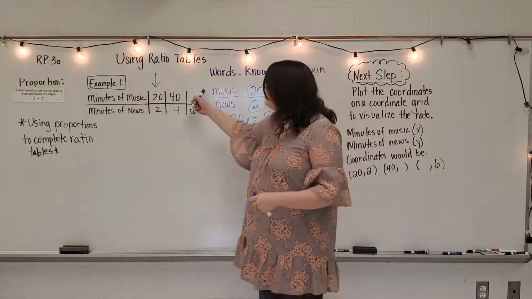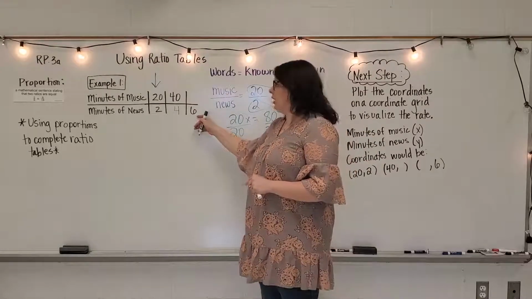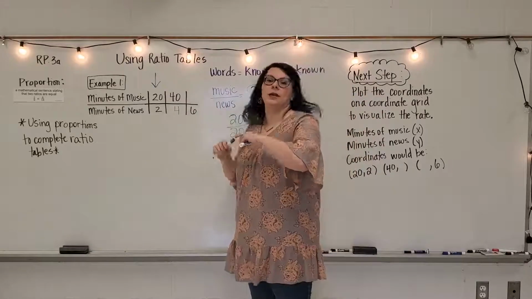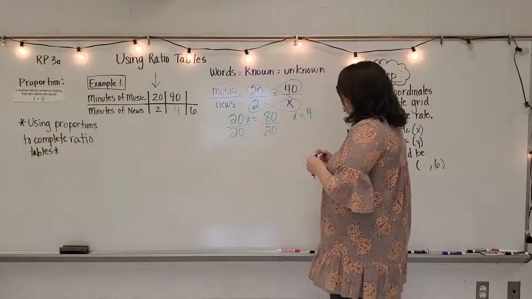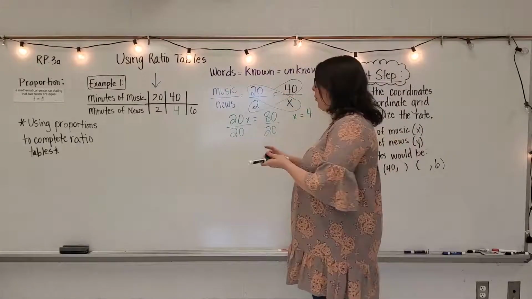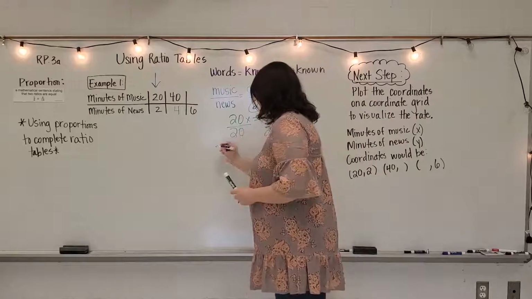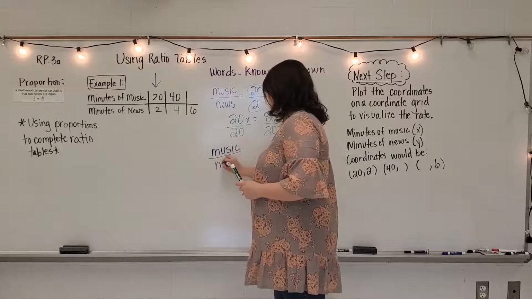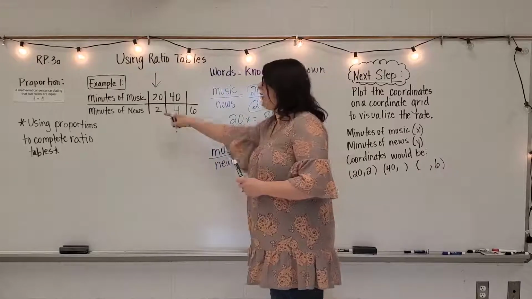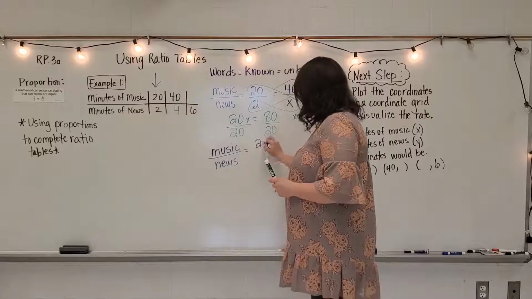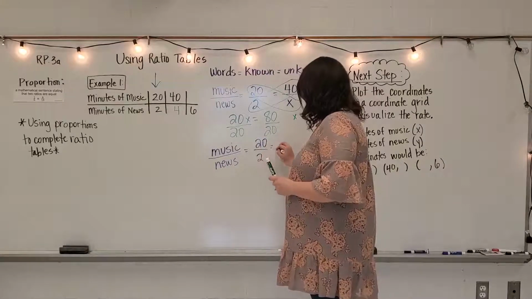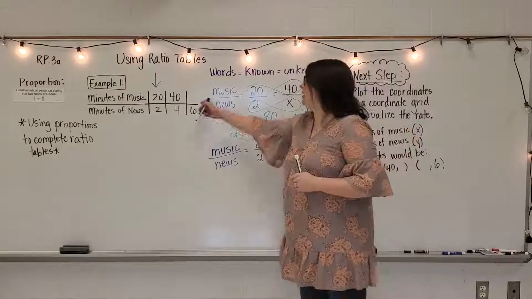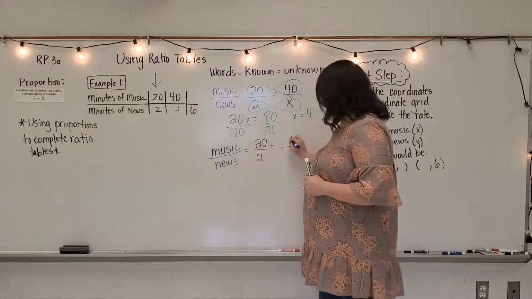Now, we can also solve this question where the minutes of news is given to us, but we are solving for the minutes of music. We're going to set it up in the same way. We're going to look for our words, which is going to be music compared to news. We're going to use what we know, which is 20 minutes of music for every 2 minutes of news. But this time our unknown is going to be different. In this case, we don't know how many minutes of music, so we're going to put our x there.